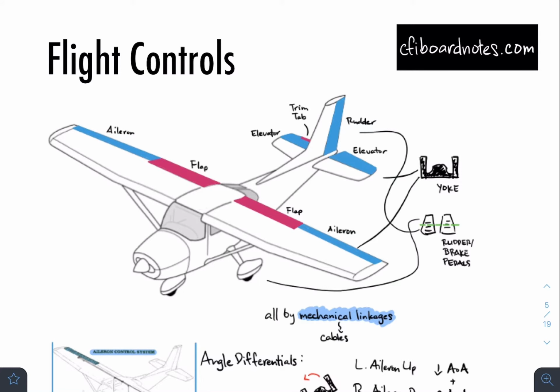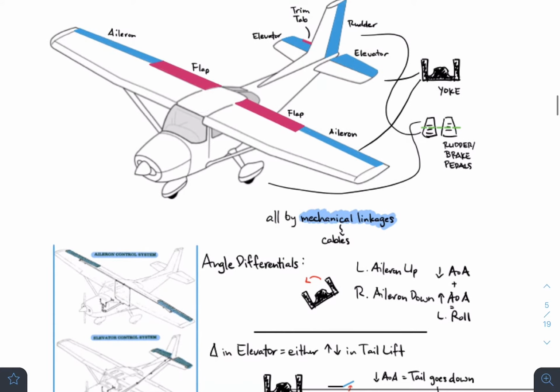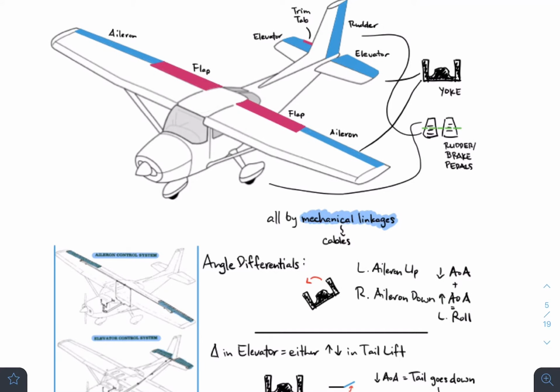For example, if I want to be able to turn, we're looking at this section over here. I have my yoke, and if I want to control my yaw, I'm sorry, my roll, I'm going to move my yoke over to the left. So it's kind of like you're driving a car and you're moving it to the left.